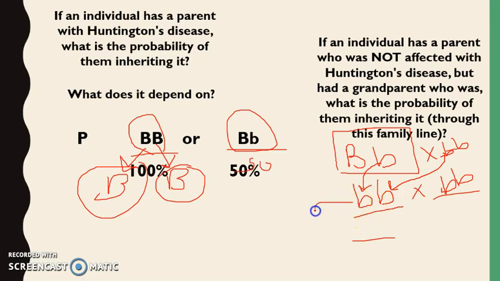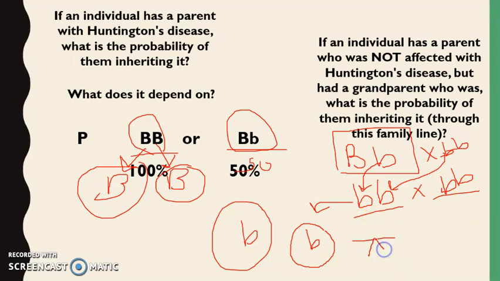So now all of this offspring's gametes only have the normal version of this allele available. So there's actually a 0% chance that this person will inherit Huntington's from this parent because the parent does not carry that Huntington's allele. Okay?